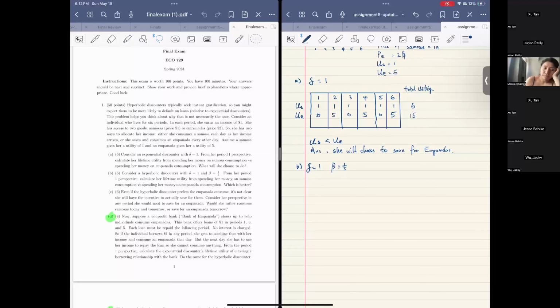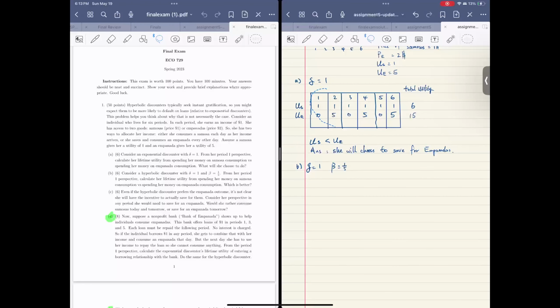From her period 1's perspective, again, it's from period 1. So I'm just going to copy this table. From period 1's perspective, everything here is discounted by beta equals 1/5.